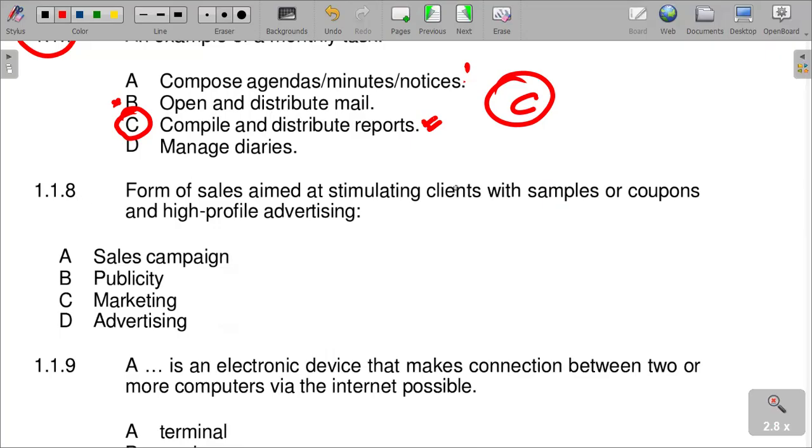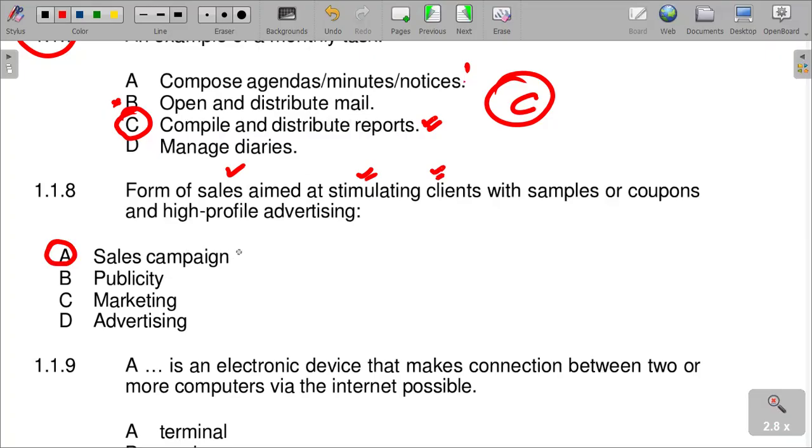Number 8, a form of sales aimed at stimulating clients with samples or coupons and high profile advertising. It is a sales campaign.